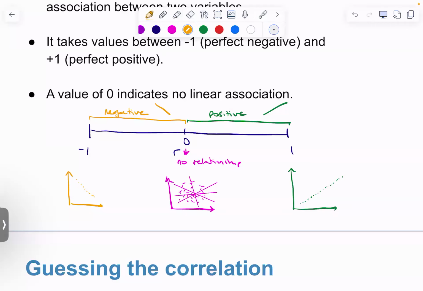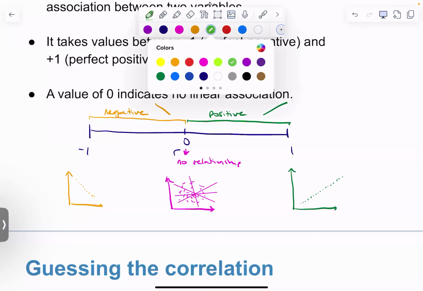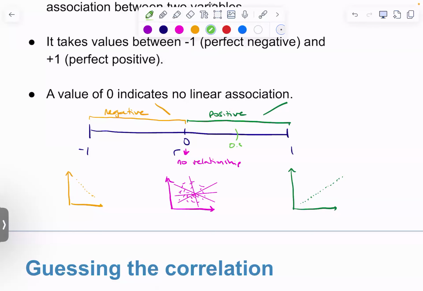Most of the time, though, let's see if I can find a lighter color green as I move through these. Let's use kind of a rough guideline of 0.5, or maybe something that looks out here. As we're morphing from no relationship to a perfectly positive relationship, right? That's going to look like this. Just going to tighten up as the correlation is increasing.